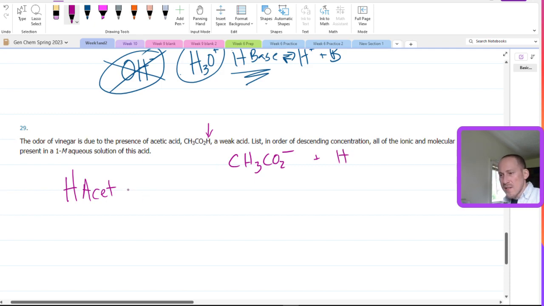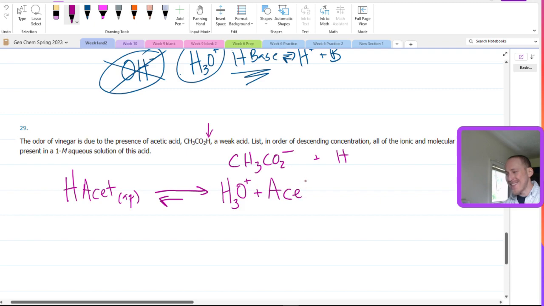Okay, so acetic acid, it's aqueous, and the thing is, it is not a strong acid, so it's only going to partially dissociate. When it does, we're going to get some H plus, which is going to immediately tack onto a water, making H3O plus. And then we're going to have some acetate.